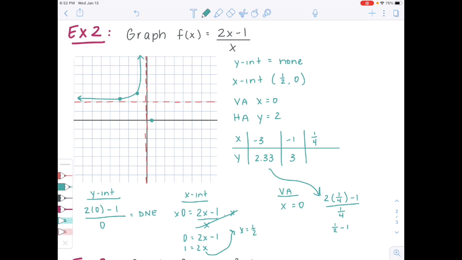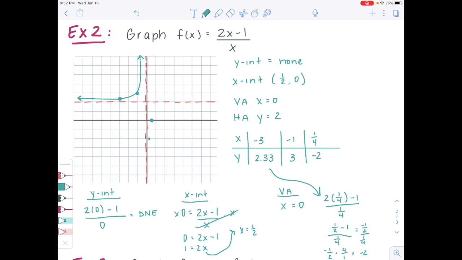So now I have 1/2 minus 1 over 1/4. 1/2 minus 1 gives me negative 1/2 over 1/4. And then I'm going to keep, change, flip, which gives me negative 1/2 times 4 over 1. When I multiply straight across, I get negative 4 over 2, which is negative 2.